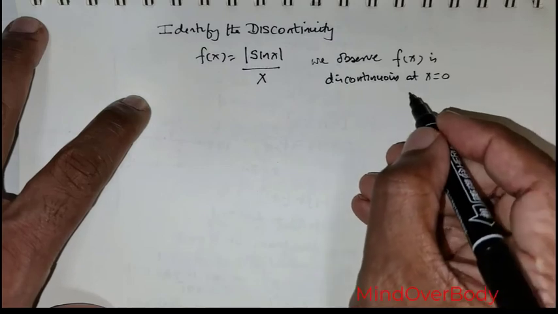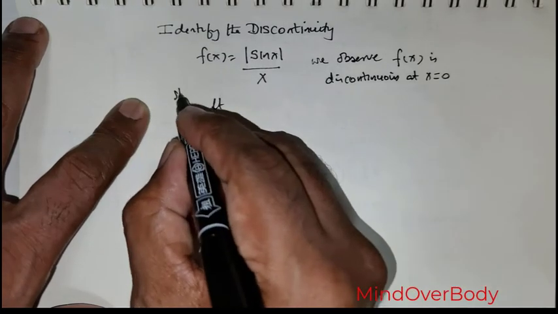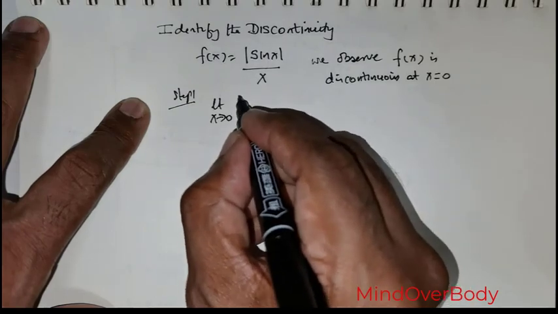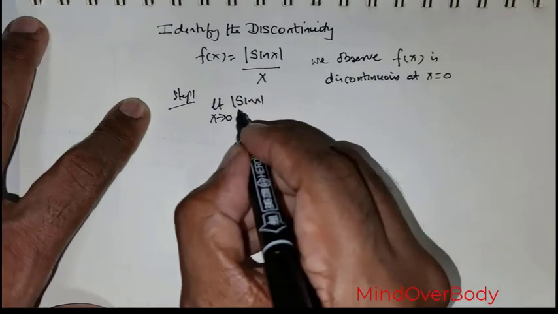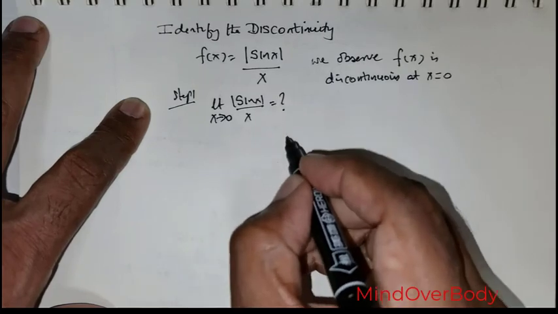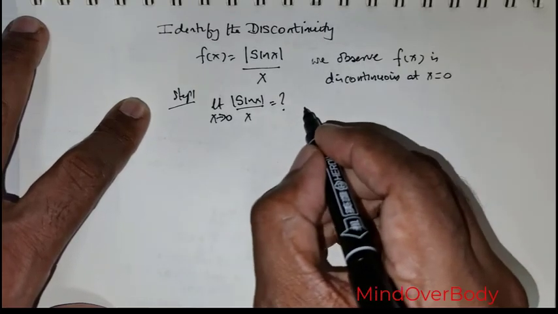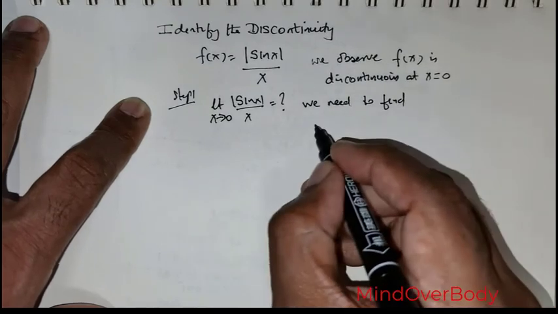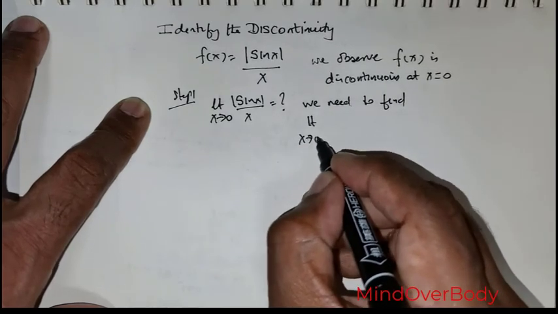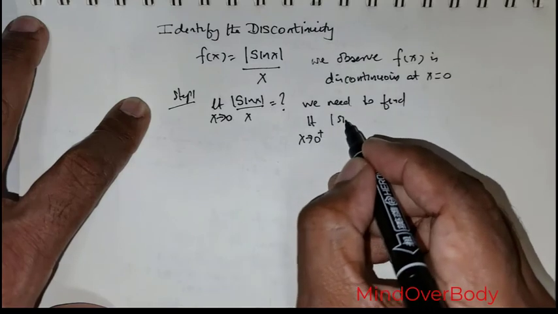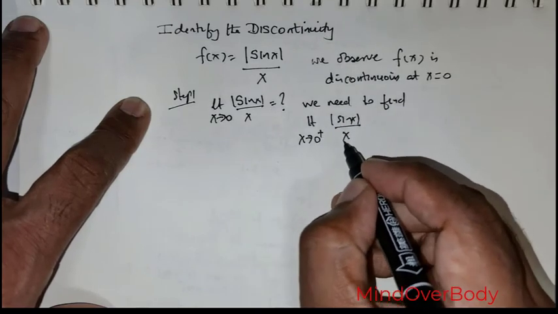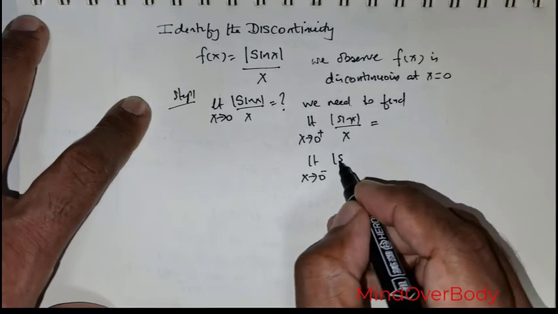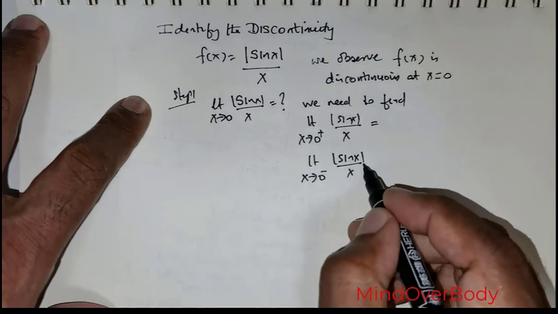Now the question comes whether limit x tending to 0 of modulus of sin x over x, does this exist? Now for this to exist, we need to find limit x tending to 0 plus modulus of sin x over x and limit x tending to 0 minus modulus of sin x over x.